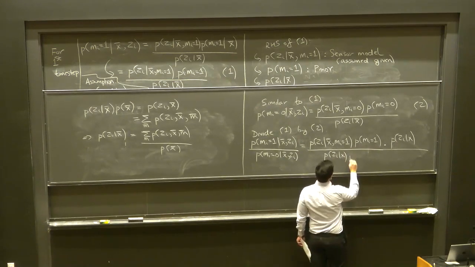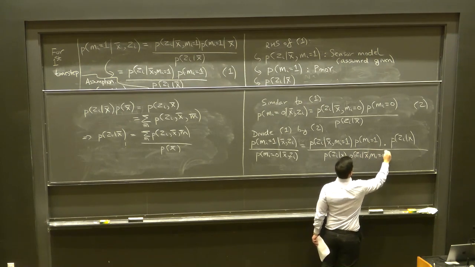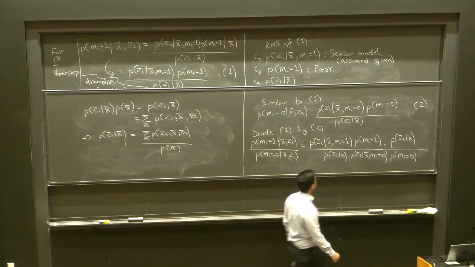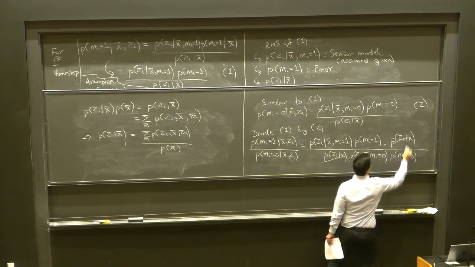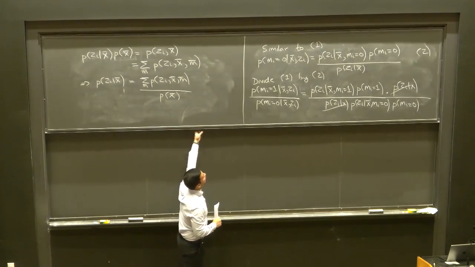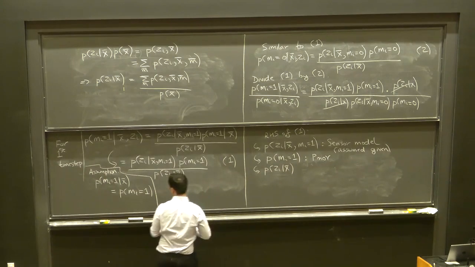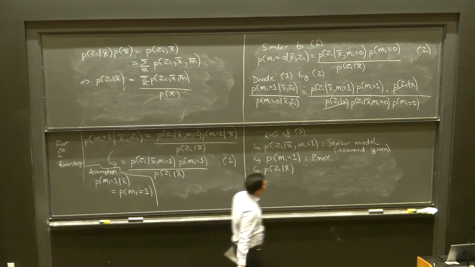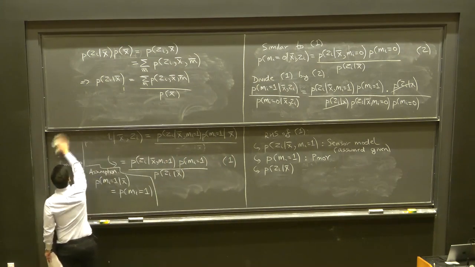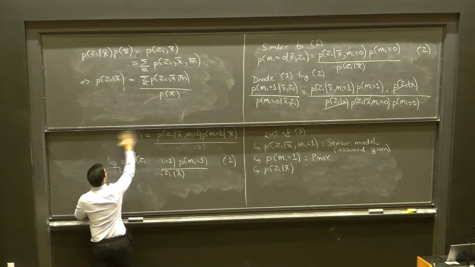We get this nice cancellation. That was the term we didn't know how to calculate, but by looking at the ratio, it cancels out. Now everything on the right-hand side is something we can calculate. It just depends on the sensor model, which we're assuming we've characterized and have a decent model of, and it depends on our prior.